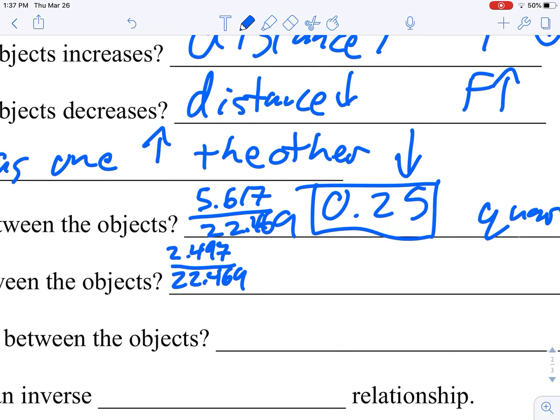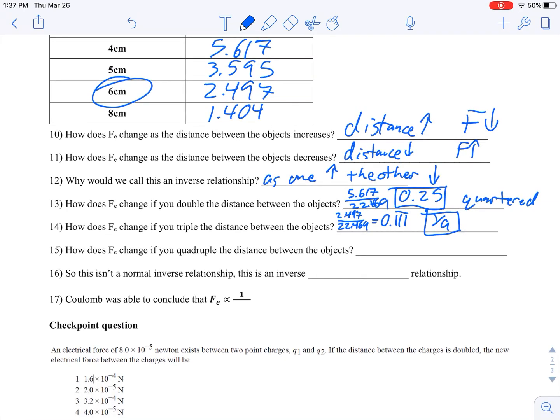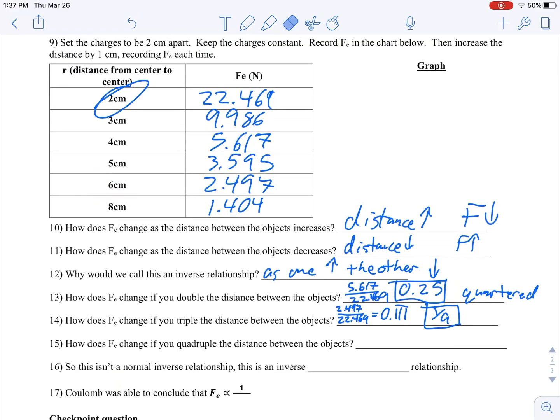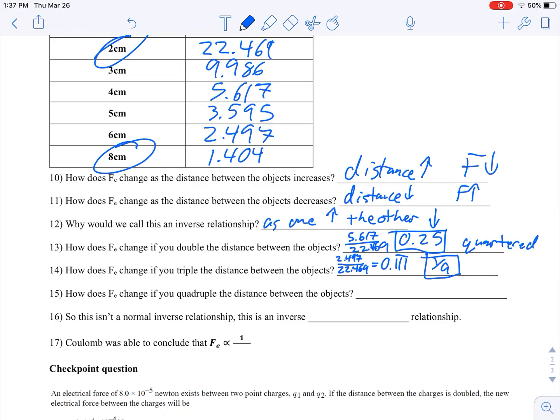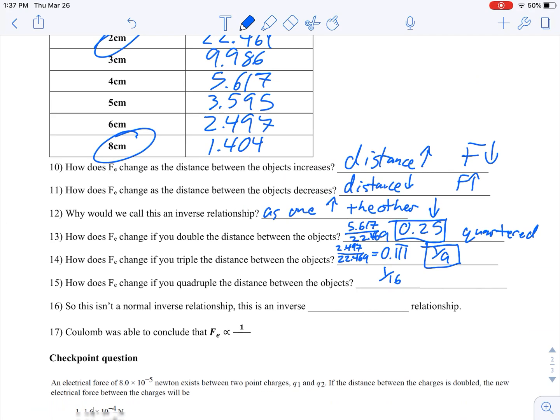And we get 0.111 repeating, or it's 1/9. So if we double the distance, it's quartered. If we triple the distance, it's 1/9 as strong. Well, what happens if you quadruple the distance? So in that case, that would be like 2 and 8. All right, and you can do that one on your own. And what you'll see is if you quadruple the distance, it ends up being 1/16. But check that out on your own. Compare the two and see if it ends up being essentially 1/16.